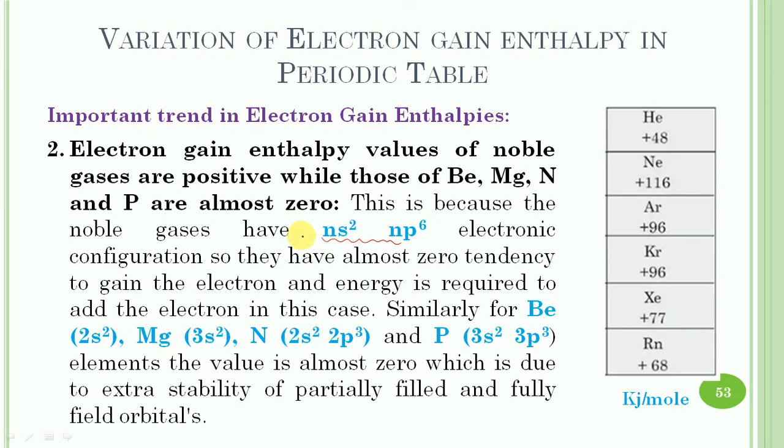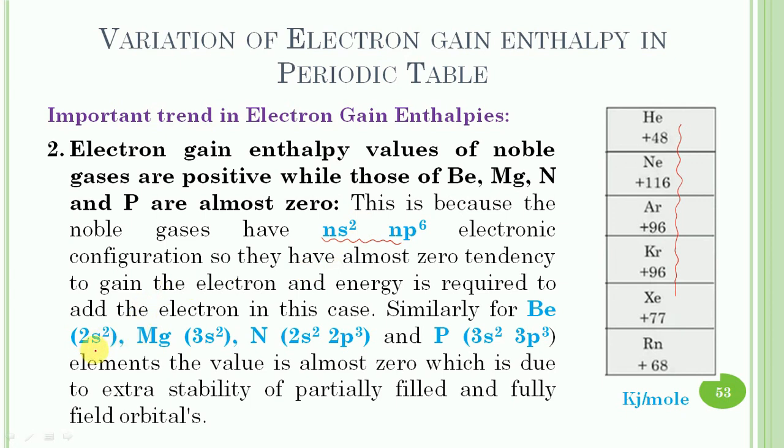This means the incoming electron would enter the next principal quantum level, and it does not feel any attraction. So we have to add it forcibly, which requires energy, so the value is positive.